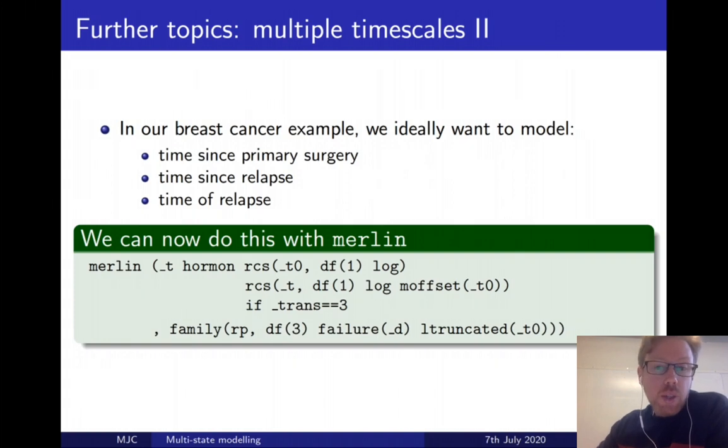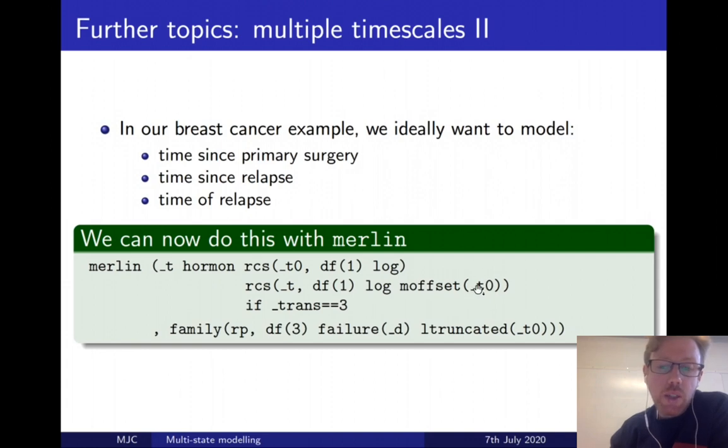Now, in our breast cancer example, ideally we could be interested in time since primary surgery. That's our main timescale. But in that transition from relapse to death, we've also got time since relapse, or indeed time of relapse. We can now do this with my merlin command. Again, I'm not going to go into too much detail. My main underlying timescale, delayed entry, I can adjust for time of relapse and also model time since relapse with an offset.